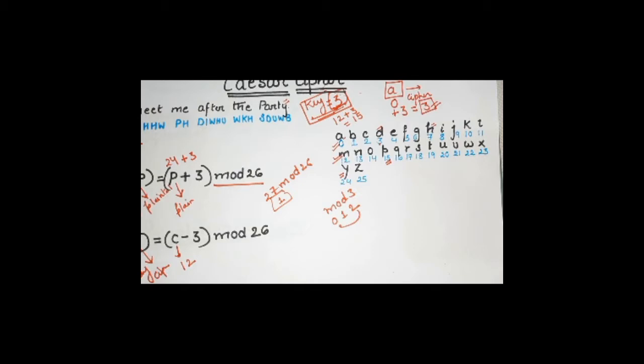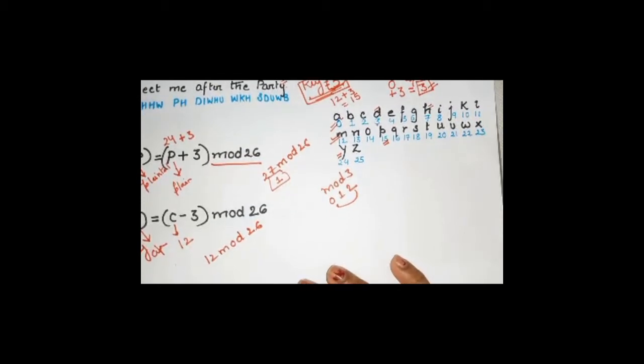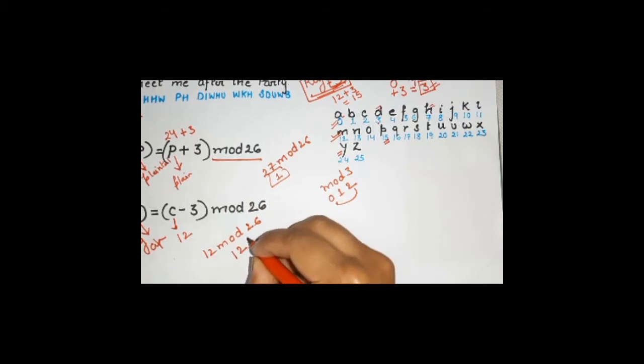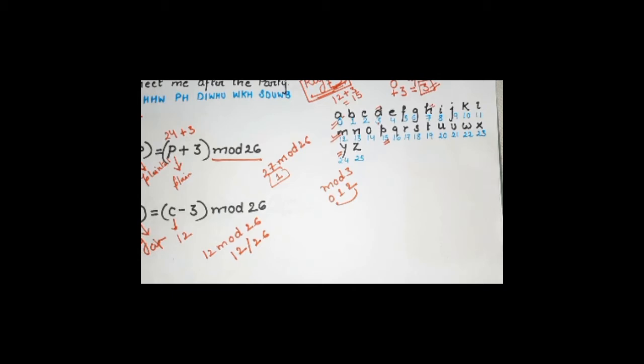And when you perform 12 mod 26, now 12 mod 26 means when you divide 12 by 26, what is the remainder that you're going to get? The remainder is the entire 12. Yes, because 12 cannot be divided by 26.